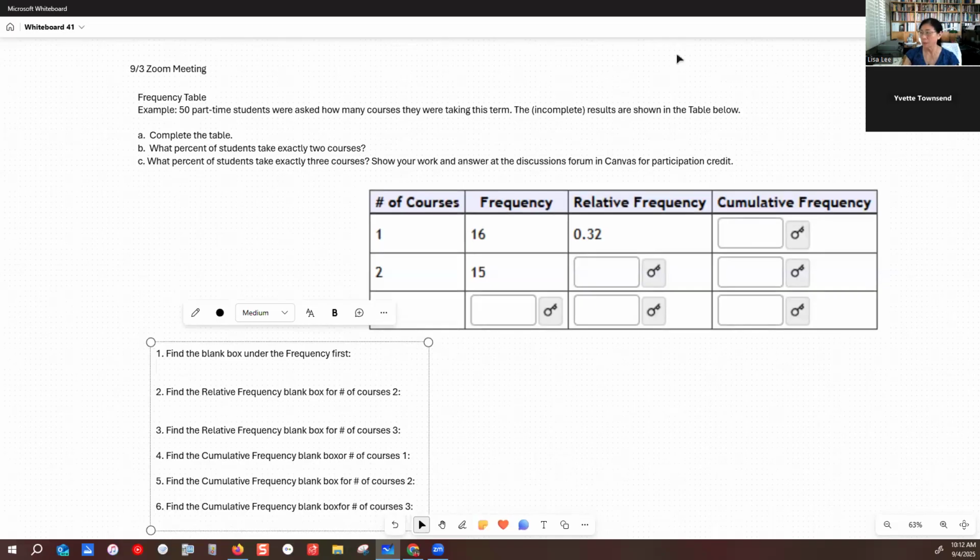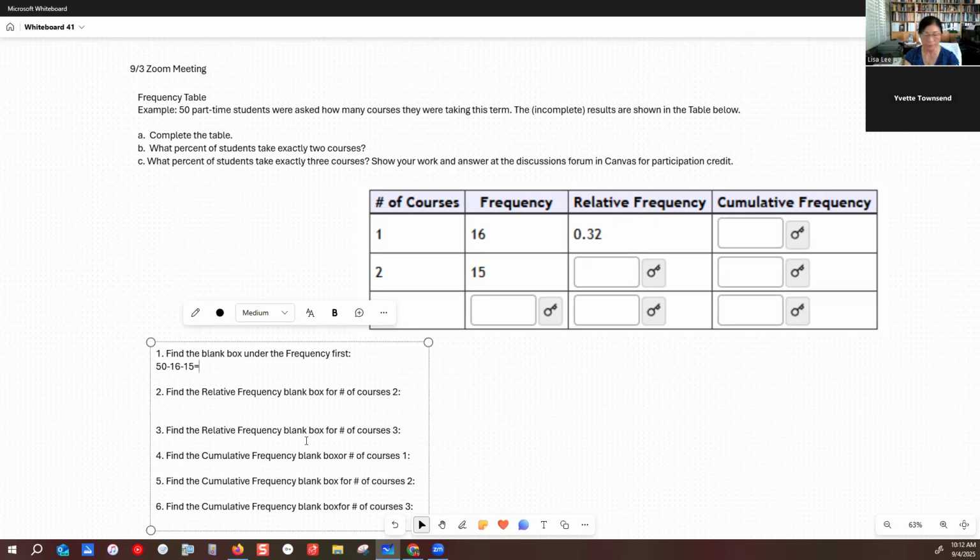So remember, we have the total of part-time students who participated in this survey. So you should start from that number, use the 50, subtract the numbers shown under the frequency, right? So first frequency number is 16. We subtract out the students who took one course. Then we subtract the 15.